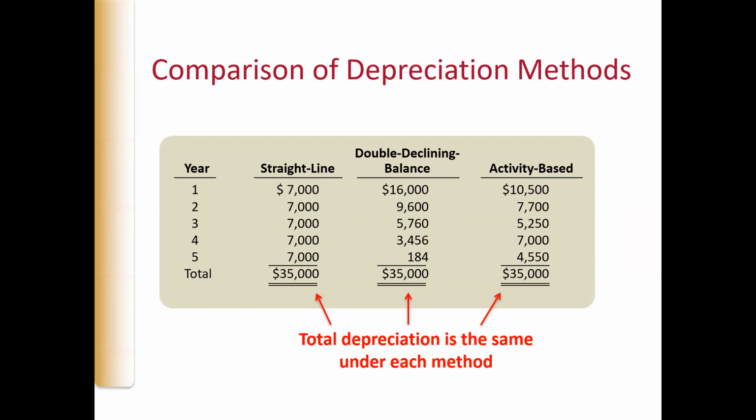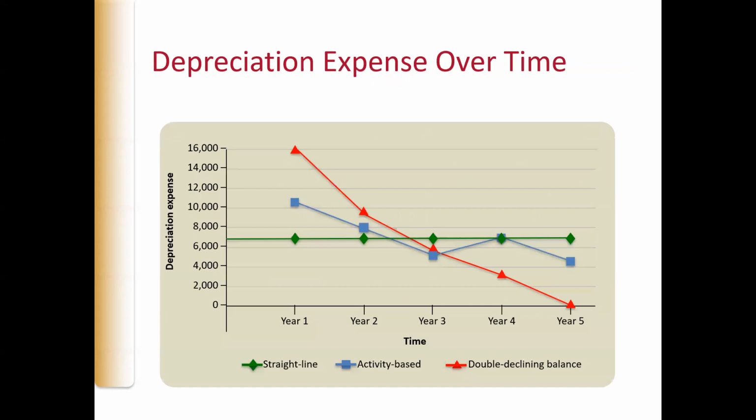And activity-based only takes depreciation based on the number of whatever the factors are, machine hours, in this case, miles. The number of miles used each year by a rate is how you determine the amount.